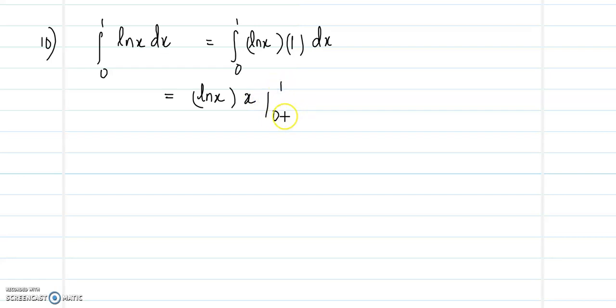Applying the limits from 0 to 1, minus the integral of the derivative of the first one. The derivative of log x will be 1 by x, into the integral of the second, which is the integral of 1. Then we need to take the total integral.